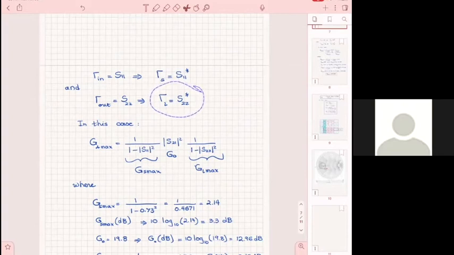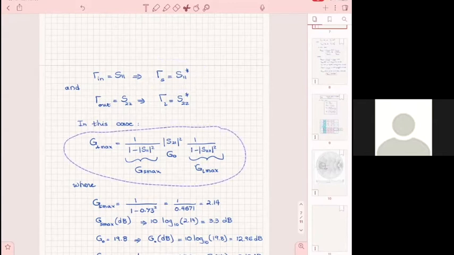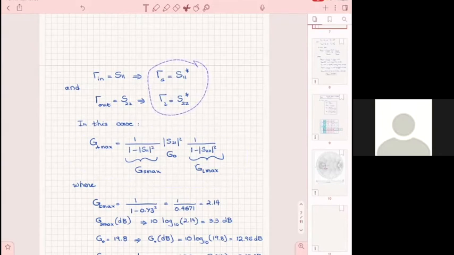So what we are negotiating is this if there is noise. If you don't worry about noise, then you design it for maximum available power. If you're going to design an amplifier to give you the maximum power without worrying about noise, then you know exactly what your gamma S is and what your gamma L is.